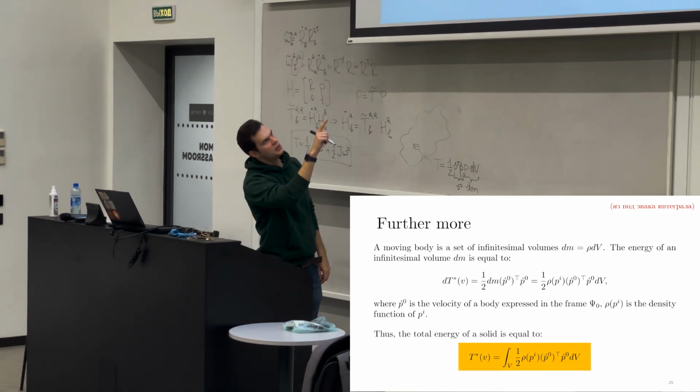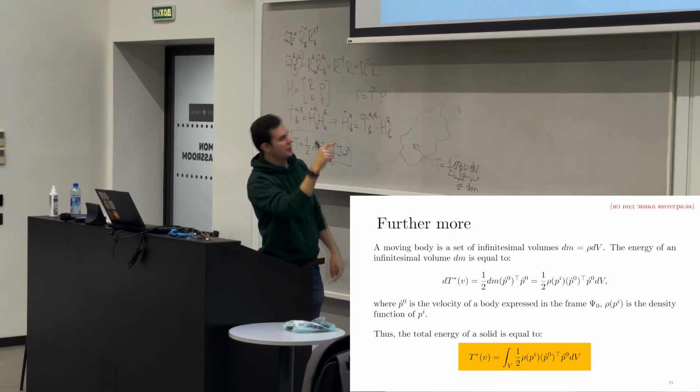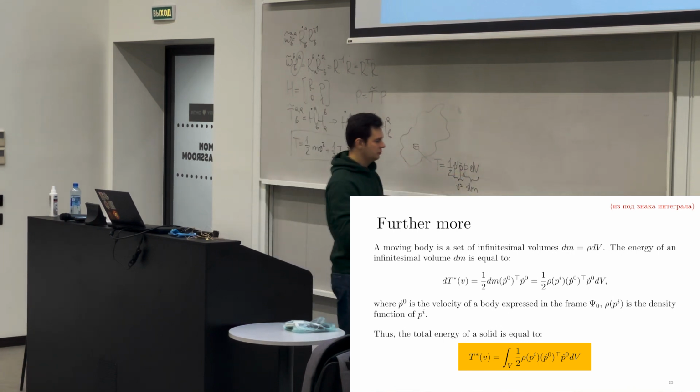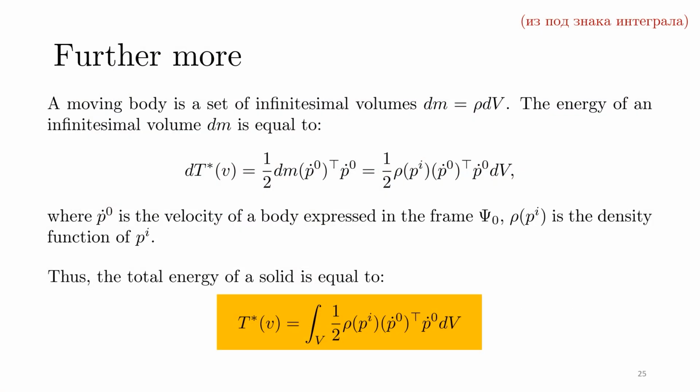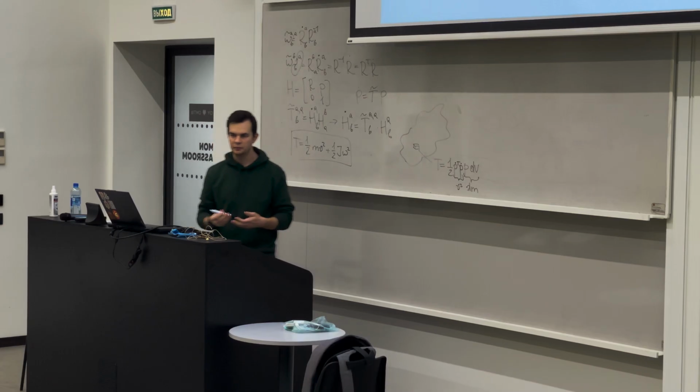So you can see that rho is not a constant, but it's a function, and it depends on p. So it's not like rho times p, but rho depends on p, because when you have a link of a robot, it is not homogeneous, right?